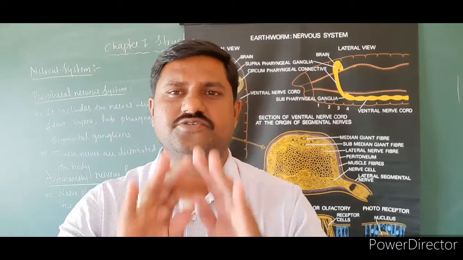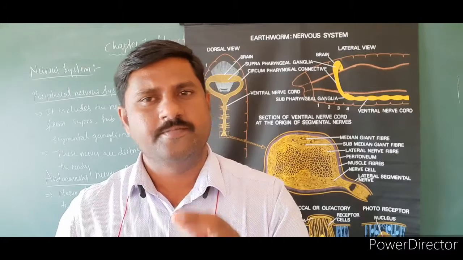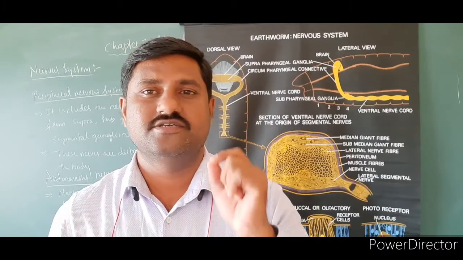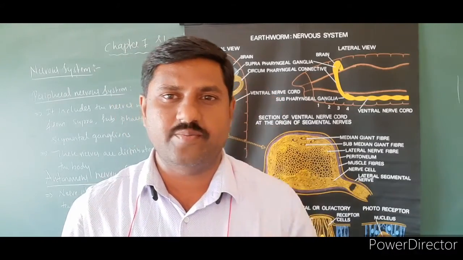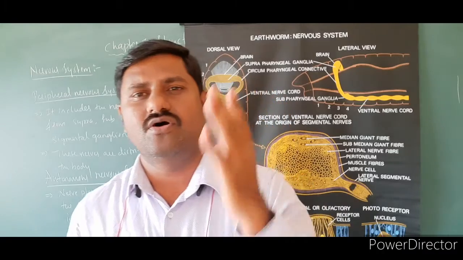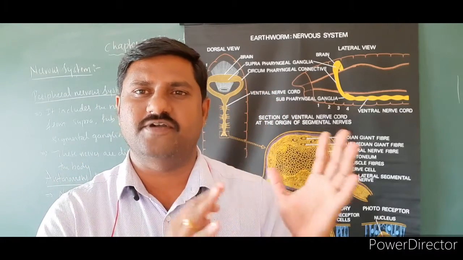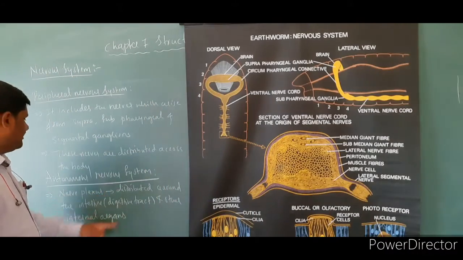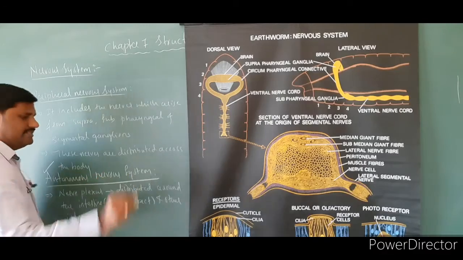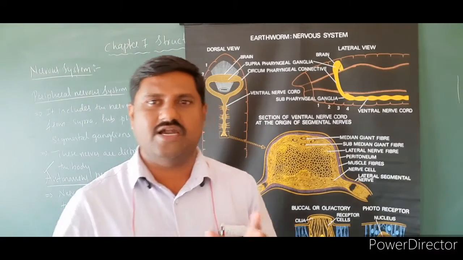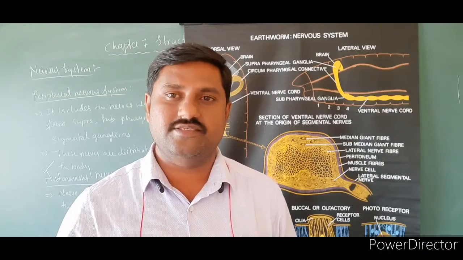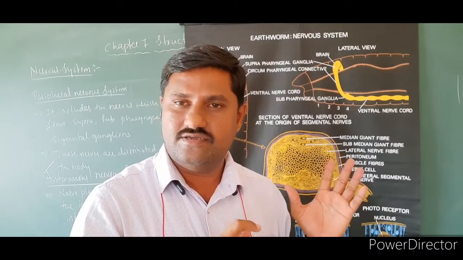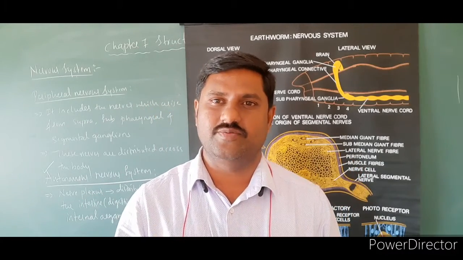So those nerve plexus are usually distributed on other internal organs as well as the digestive tract, and all those nerves help in bringing about coordination among the functions of different internal organs, right? So they all together form the autonomous nervous system. This is how the nervous system is there in the earthworm, right? So this is all about the nervous system.